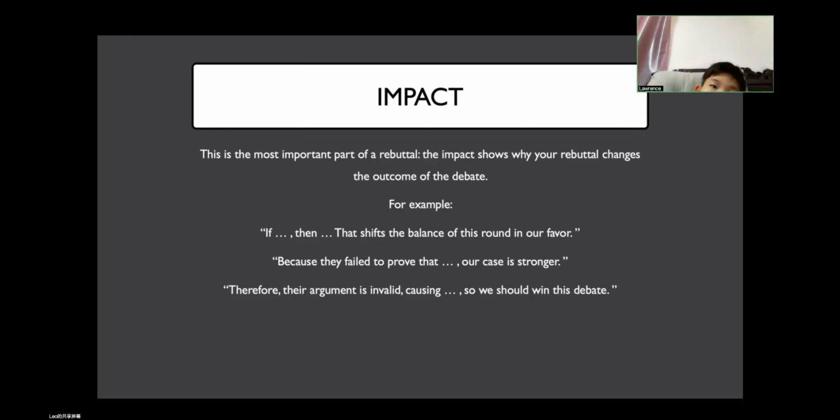Because they failed to prove that deforestation harms infrastructure in the city, then our case is stronger because something, something, something. Or you could say, therefore, the argument isn't valid, causing more deforestation rates to happen. So we should win this debate.